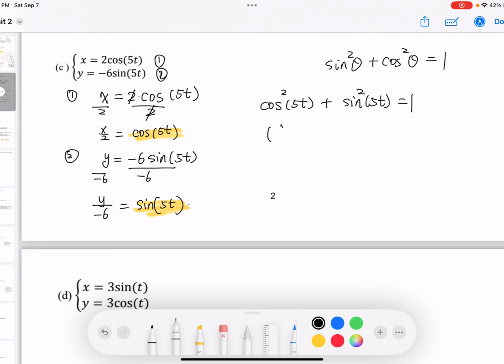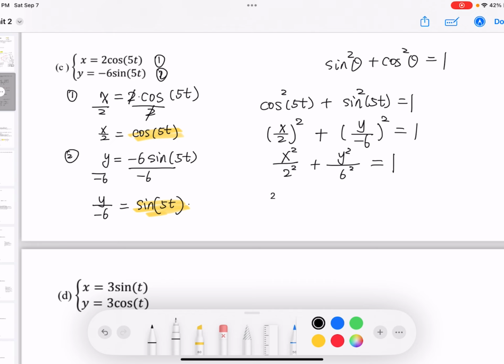Cosine 5t is x over 2, and we square it, plus y divided by negative 6, squared, is equal to 1. Let's separate the top and bottom. Square the top, square the bottom. So negative 6 squared is just 6 squared, is equal to 1.